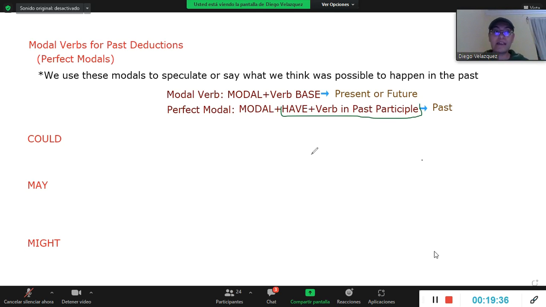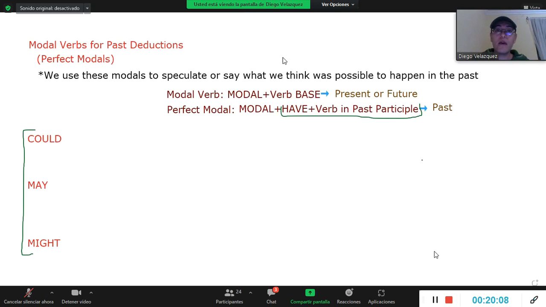The situation in here, guys, is that these three modal verbs are very similar for past possibilities. Practically, when I want to speculate or to speak about possibilities in the past, I can use the modal verb could, may, or might with no real difference in meaning, okay? They are going to be very similar with one another.